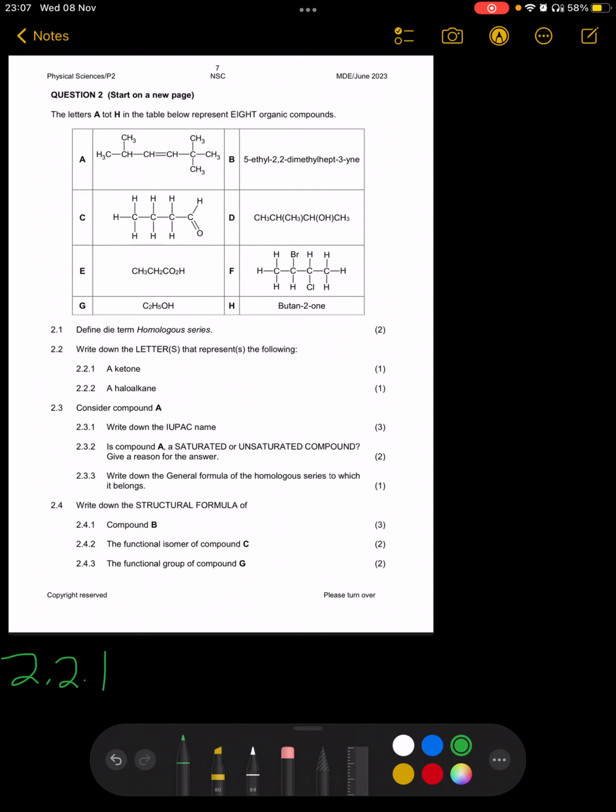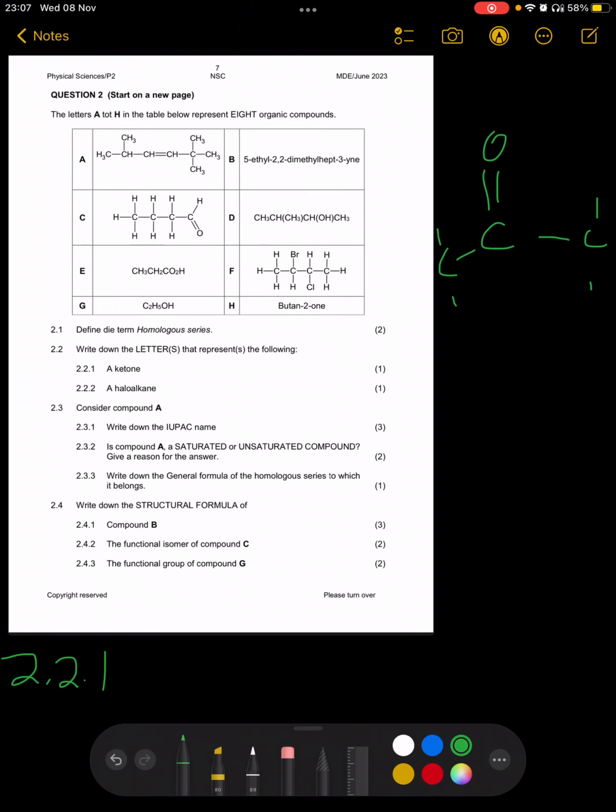2.2.1. What is there in 2.2.1? Write down the letters that represent the following. A ketone. How do we see a ketone? Either by a C double bond O that is bonded to two carbons.